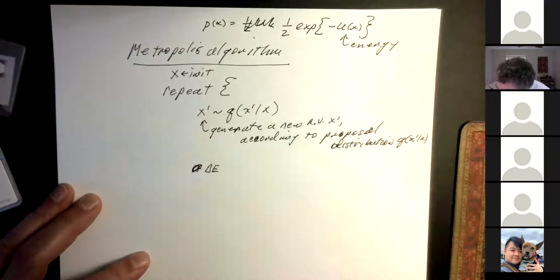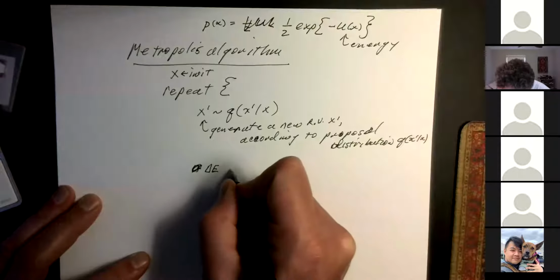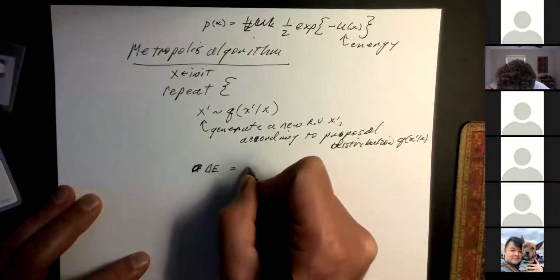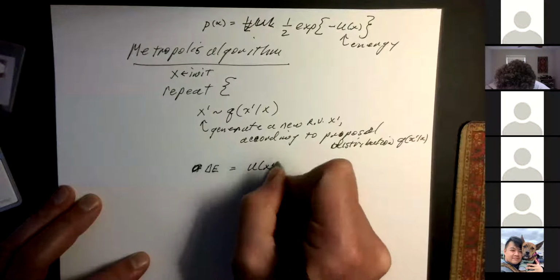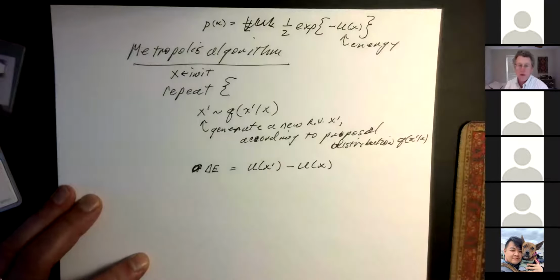So what you do is you compute delta E, E for energy, and that's equal to U of X prime minus U of X. So it's the change in energy.